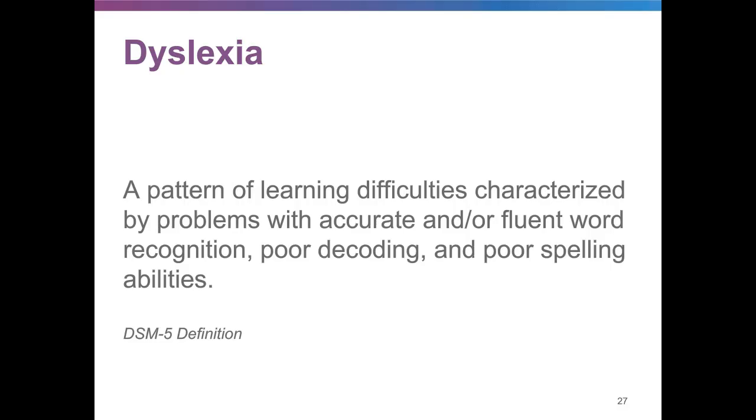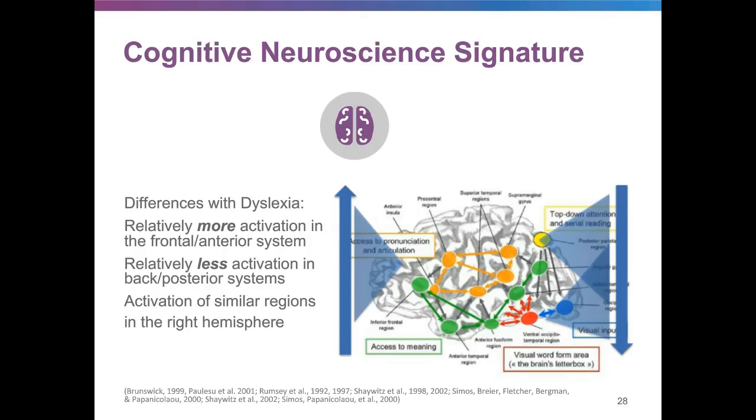Dyslexia is a pattern of learning difficulties characterized by problems with accurate and fluent reading of individual words. So dyslexia is a word-level reading challenge: poor decoding, poor spelling, and lack of fluent word recognition. The neuroscience behind it is that there are, in fact, differences when you look at the way kids who read at the single word level very well and kids who really struggle reading at the single word level.